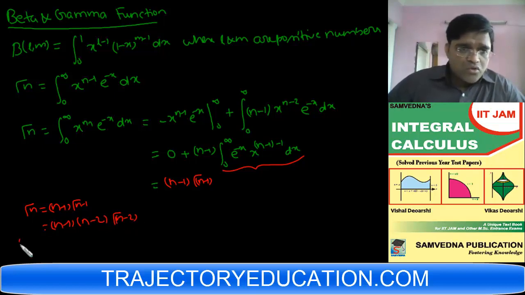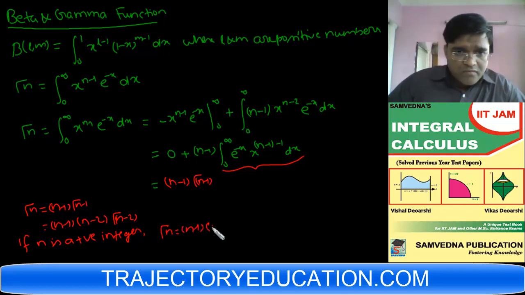If n is a positive integer, I can write gamma(n) as (n-1)(n-2)(n-3)...3·2·1 times gamma(1).